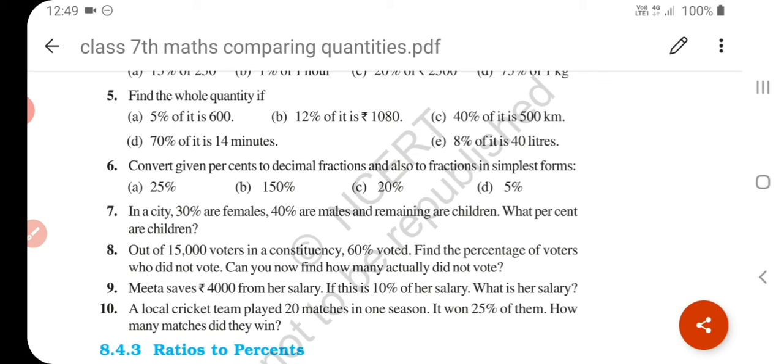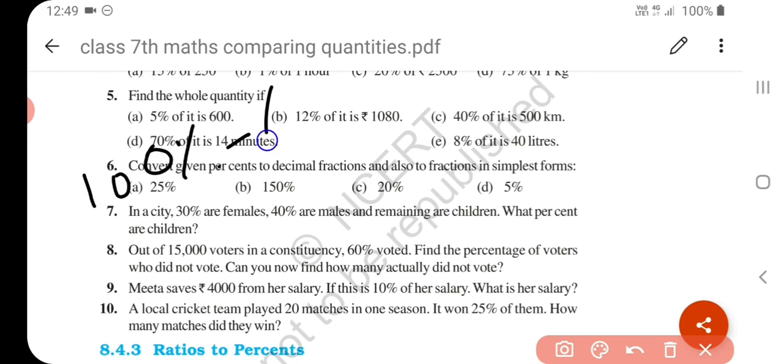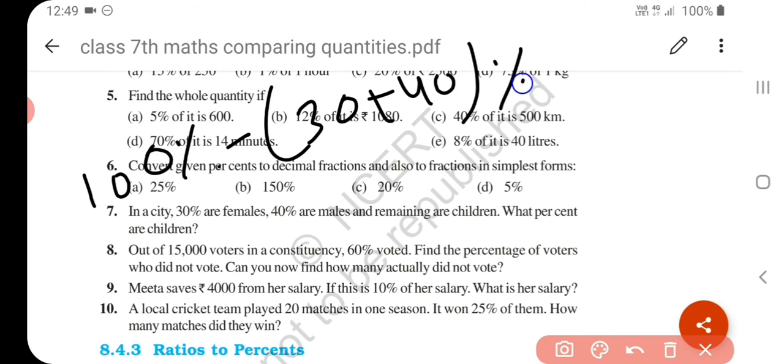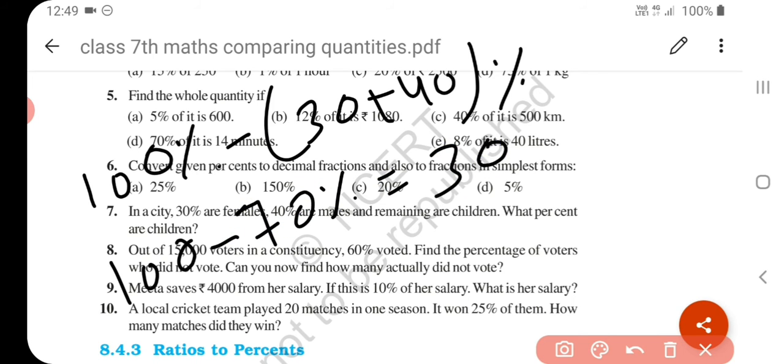So we can take 100 minus 30 plus 40. 30 plus 40 is 70. So 100% minus 70% you can get 30%.